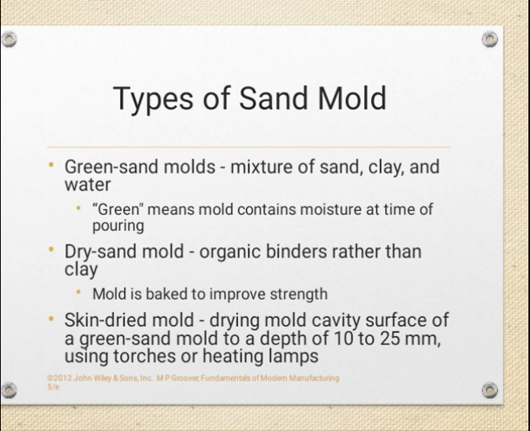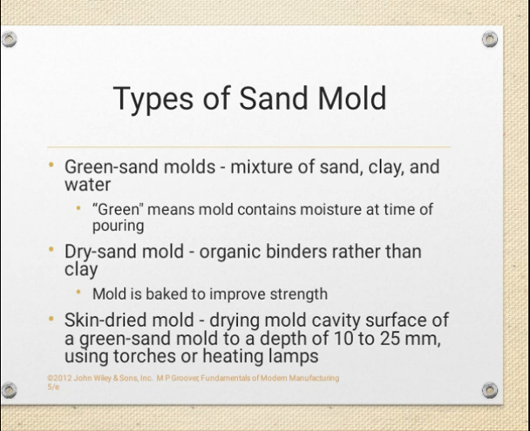Types of sand mold are green sand mold, dry sand mold and skin dried mold. The green sand mold contains a mixture of sand, clay and water. Dry sand mold has organic binders rather than clay.